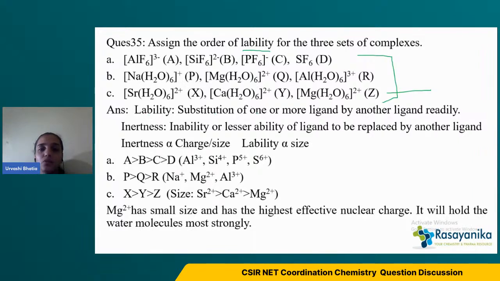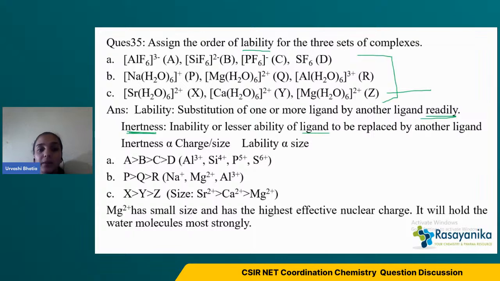Lability is substitution of one or more ligands by another ligand readily. And inertness is inability or lesser ability of a ligand to be replaced by another ligand. I showed you yesterday that D3 is inert, right?